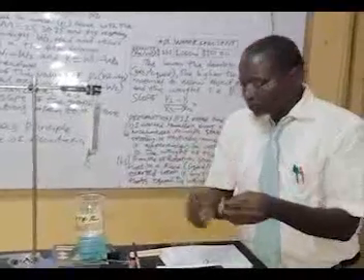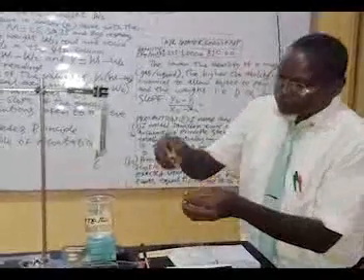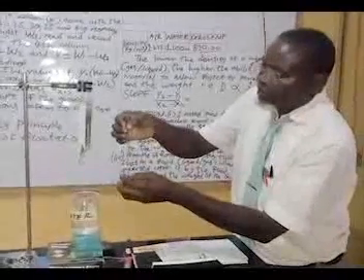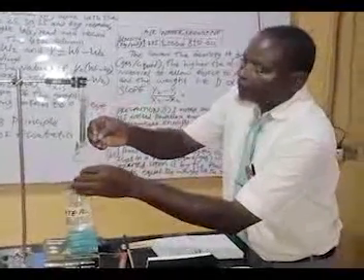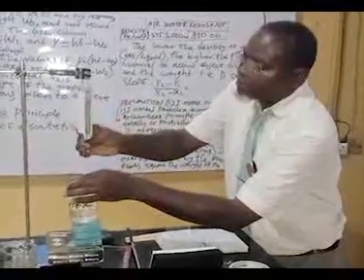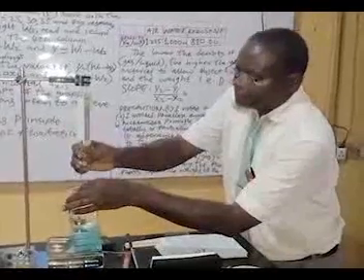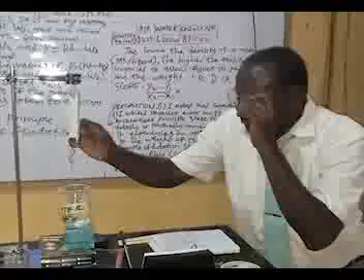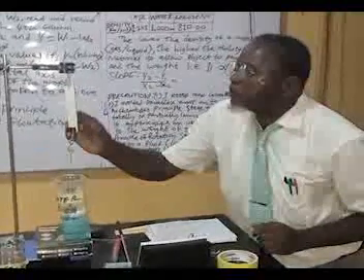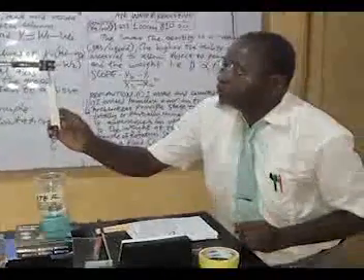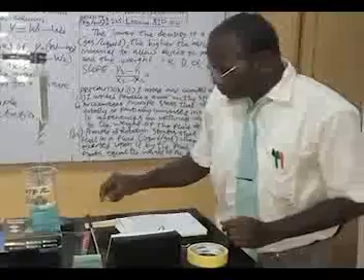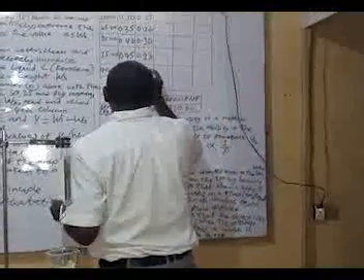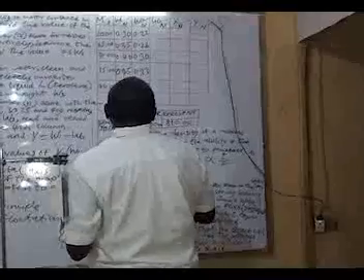So you hang it on the spring balance gently. This one will now give us 0.37.